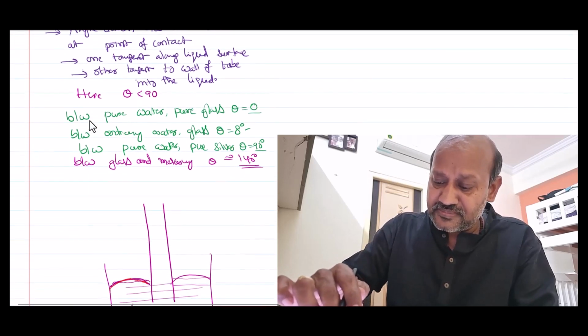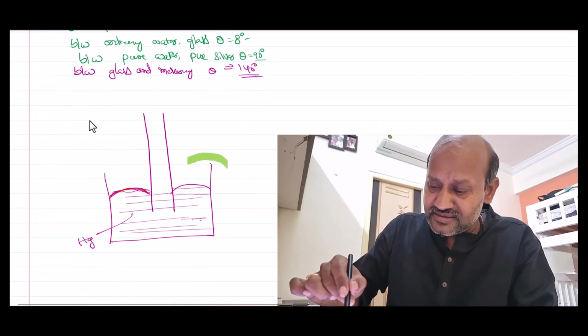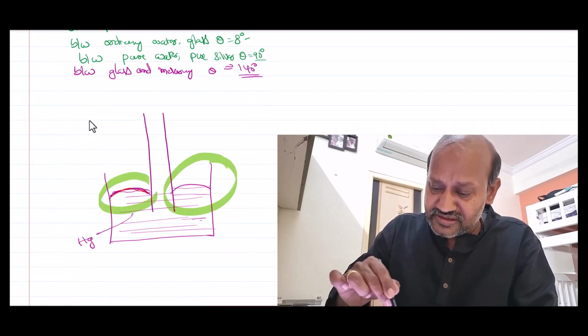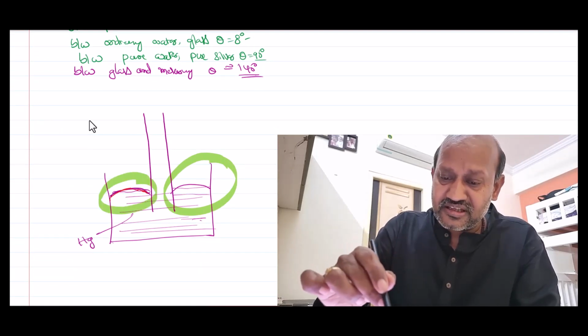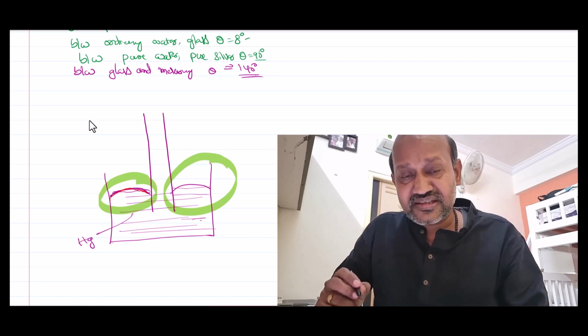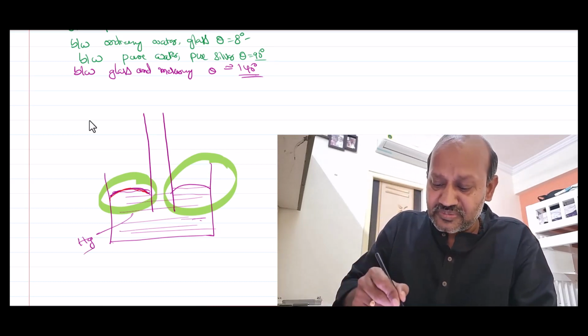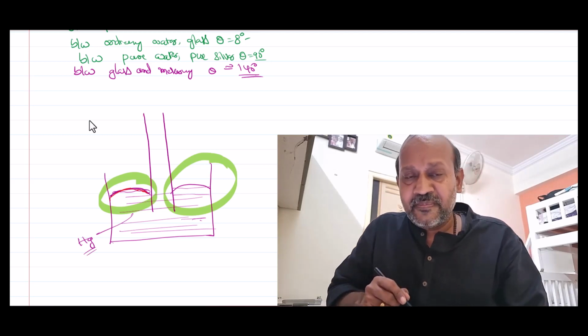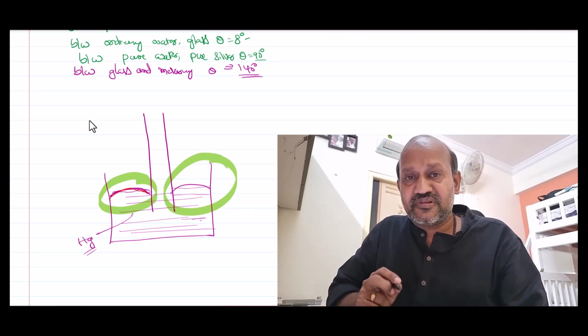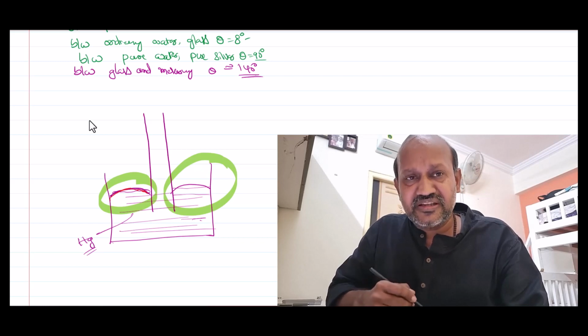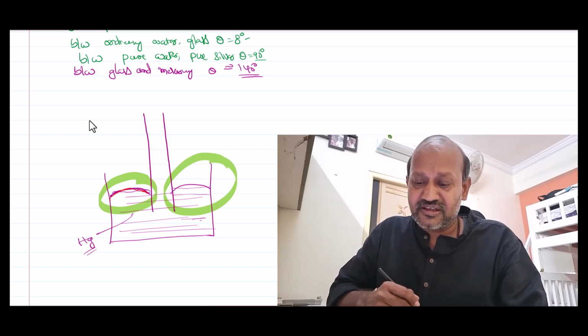But here it acquires a convex shape because the scenario is quite different. Because in this case, the coercive force of attraction between the mercury molecules is much stronger than the adhesive force of attraction between the mercury and glass. In between them, there is a strong bonding when compared with the outside. Whereas in the first case, that's in reverse.